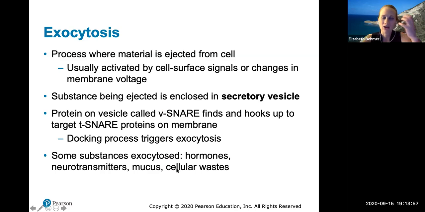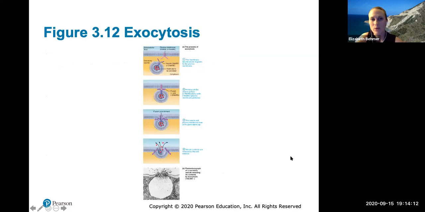If hormones are being made in a cell, they'll get exocytosed. A neurotransmitter will be exocytosed from a cell to continue some sort of electrical signaling process to a muscle, mucus, and all other wastes. So this is what exocytosis looks like.